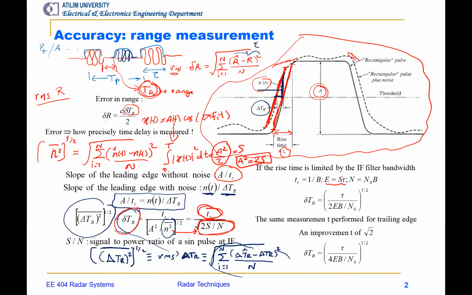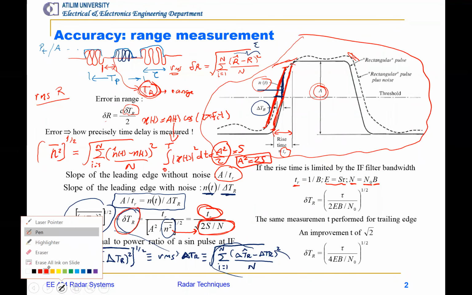Energy is equal to the power times the pulse duration, so S times tau. And the noise power can also be written as the noise power spectral density times the bandwidth. And the rise time will be the inverse of the bandwidth. How? We now look at the receiver.